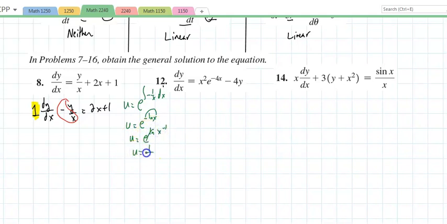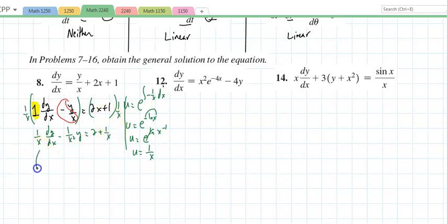So u is simply 1 over x. If you multiply both sides of the equation by 1 over x, guess what happens? This becomes 1 over x dy/dx minus 1 over x squared y equaling 2 plus 1 over x.